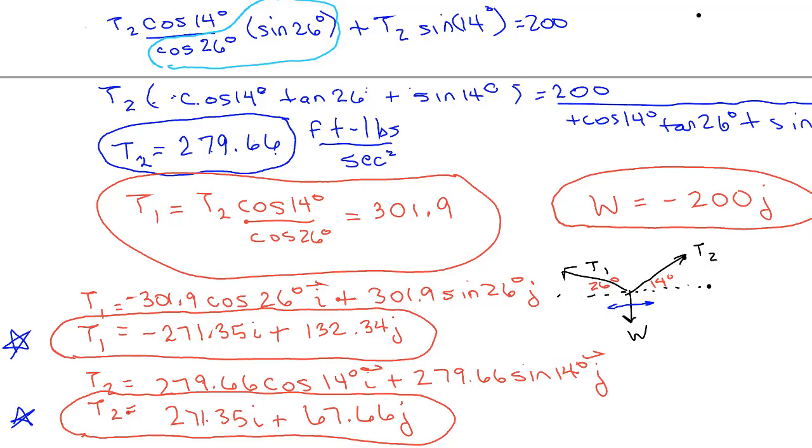Because it's going to be pulling one way or the other. So we want it to be 0. And also, notice if I add my two Y values together, I get 200, which is exactly what I need to counteract the negative 200. And so everything looks right, and I feel like we're complete.